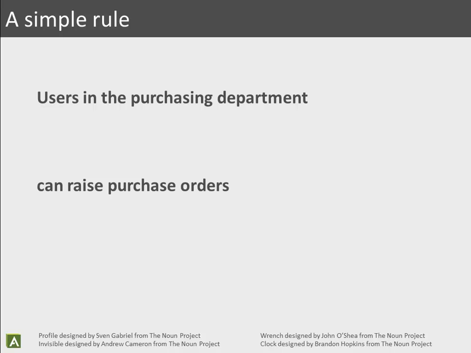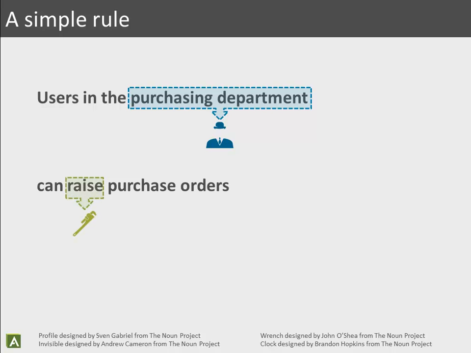Users in the purchasing department can raise purchase orders. This is a very simple rule. Let's break it down into the building blocks, into the attributes. Number 1, purchasing department. That is an attribute of the user. To what department does the user belong? They belong to purchasing. Number 2, the action.